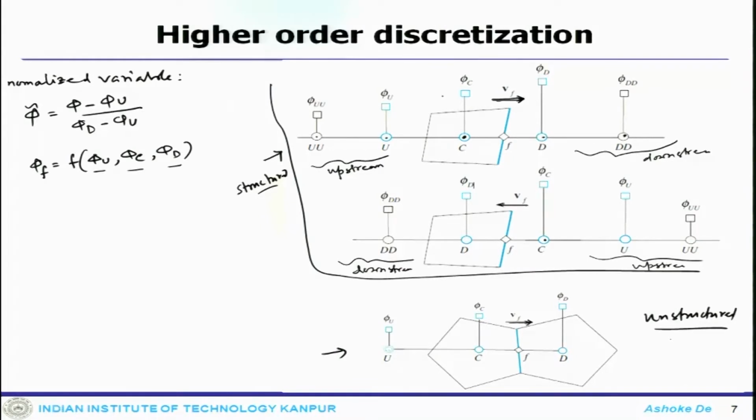If flow goes this side, this information will be taken into account; if it goes in this direction, these are the information which will be taken into account.